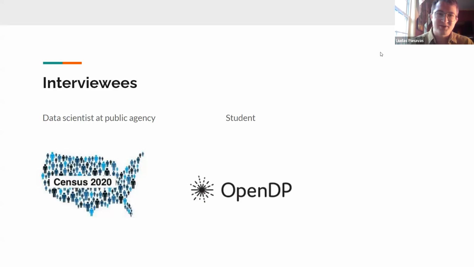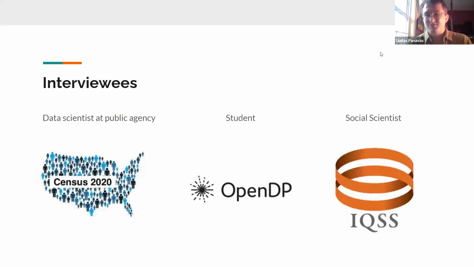Any of the OpenDP fellows is a pretty good example of people who may not have a ton of experience but are learning about differential privacy, and may need to apply it to some real world problem. And then finally, a social scientist who doesn't know much about privacy, may not be as technically proficient, or do as much coding. So they just need to know the bare bones or the basics.